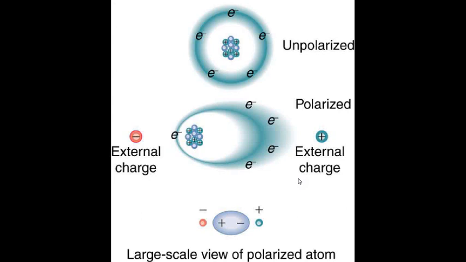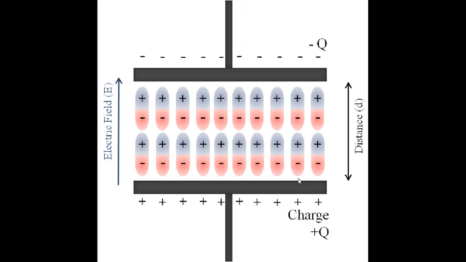This is the phenomenon of one atom, but in a medium there are many atoms. If you place that medium between two charges, like in a capacitor, with a positive charged plate and a negative charged plate, all the atoms inside that medium become polarized. Why do all these atoms become polarized?